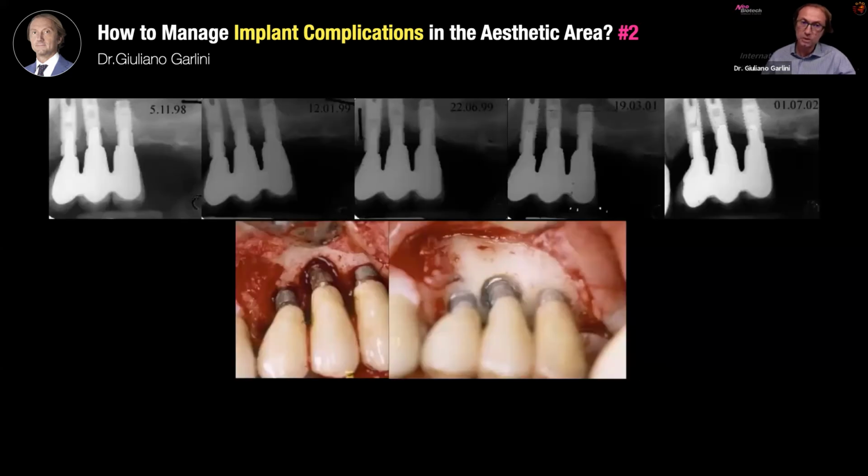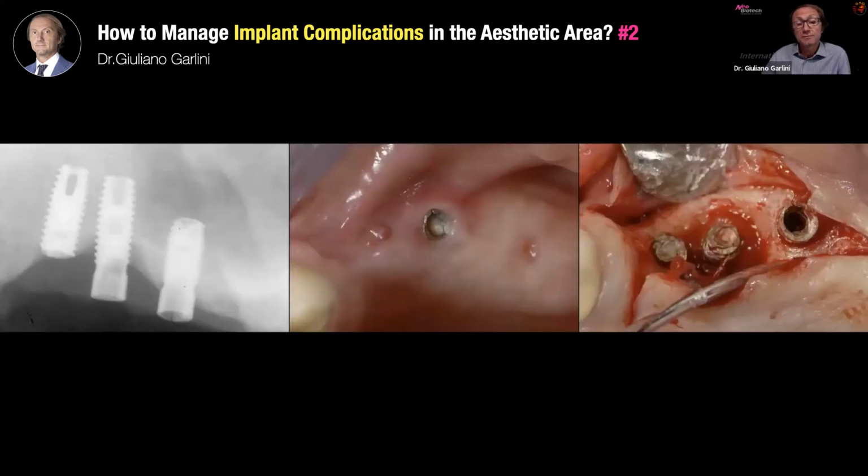So, dear colleagues, we have treated a lot of cases of periimplantitis with this kind of approach, and we can say that this approach in the posterior area could solve a lot of cases of periimplantitis. But when you have to deal with implants that are very thin, as the one that you can see in this image, if you perform an implantoplasty to clean and to eliminate all the threads or some of the threads of the implant, after some years you will see the fracture of the implants.